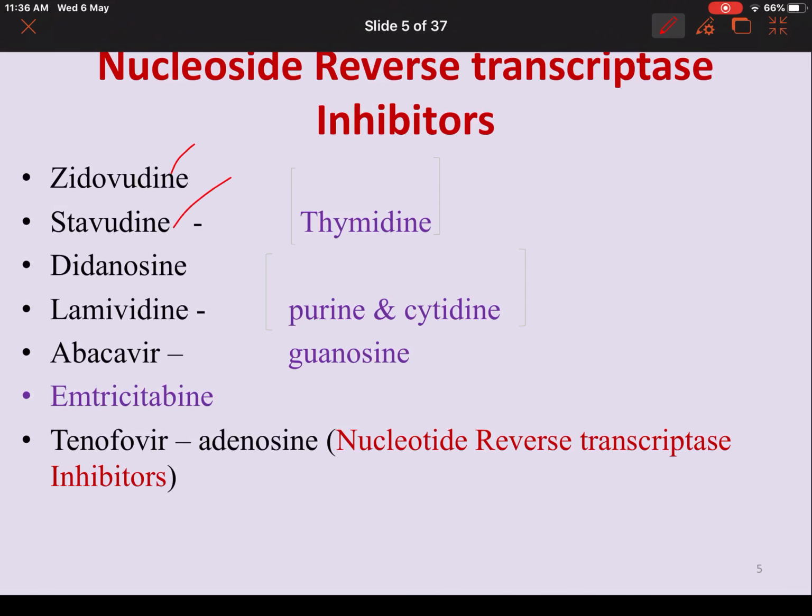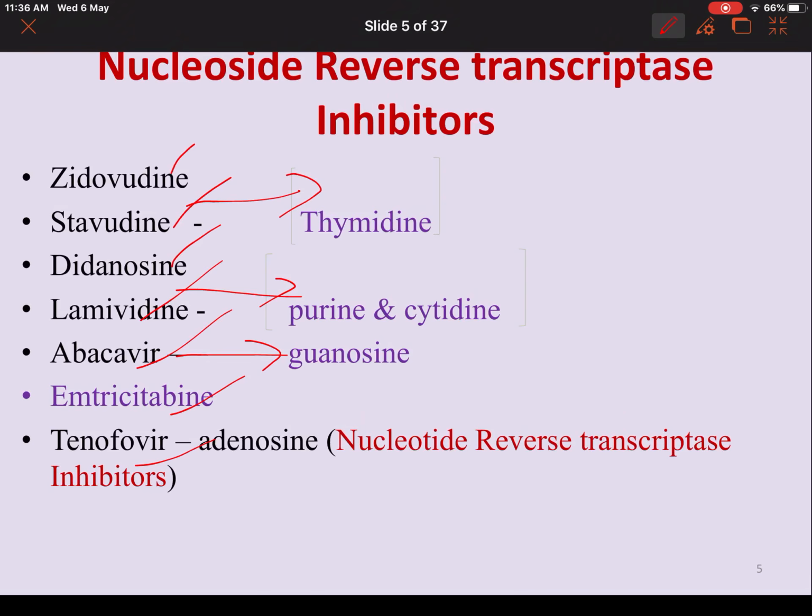Zidovudine, Stavudine, Didanosine, Lamivudine, Abacavir, Emtricitabine and Tenofovir. These resemble certain nucleosides. Zidovudine and Stavudine are thymidine analogues, whereas Didanosine and Lamivudine are purine or cytidine analogues. Abacavir is a guanosine analog.